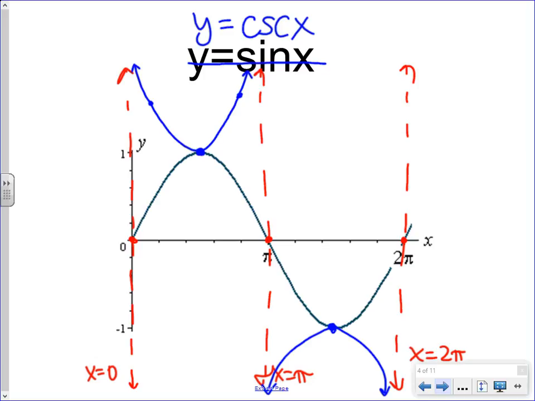So when we graphed sine, there were 5 critical points that I made you label, correct? Now, when we draw the reciprocal, we still have 5 critical items that we need to consider in our graph. In this case, we have 1, 2, 3 asymptotes, and then you would want to label these 2 points here.